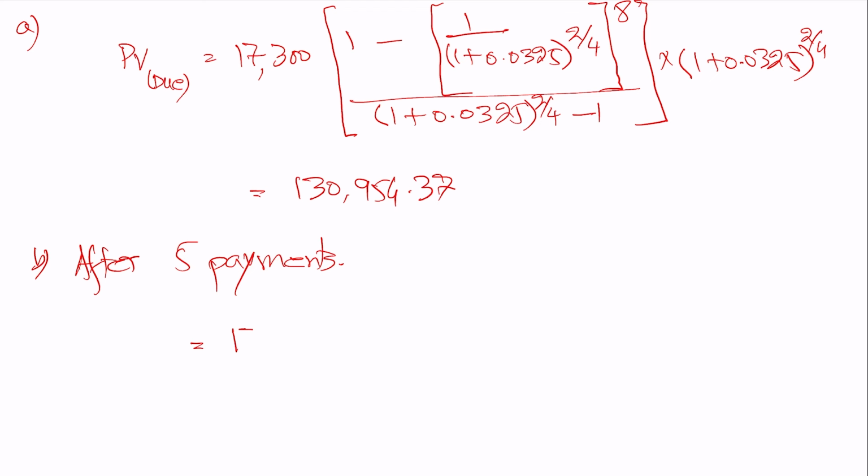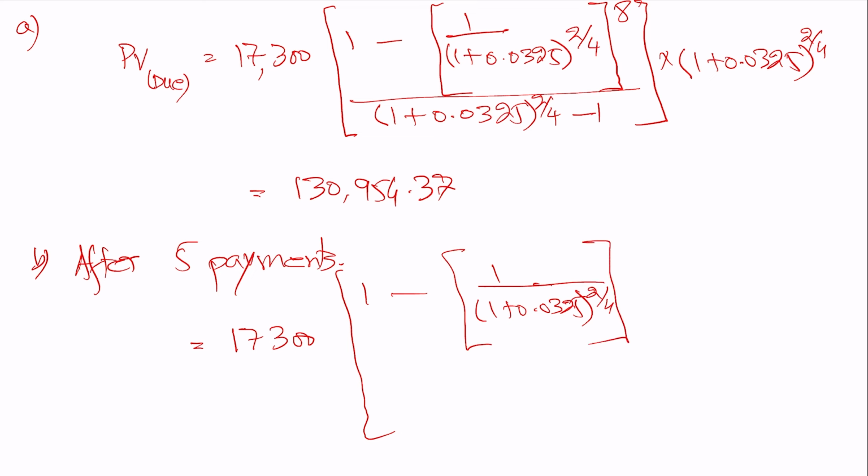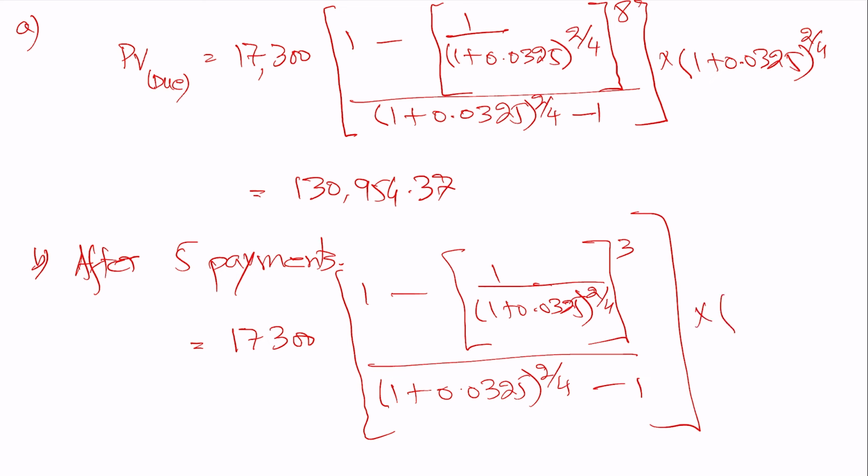We write 17,300 times 1 minus 1 over 1 plus 0.0325 exponential 2 by 4, the whole exponential, but now the 8 becomes 3, because 3 payments are left.